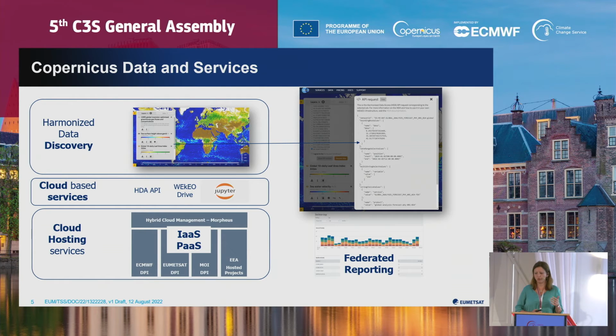They do not need to learn about many different APIs and systems. We also have on top, just to mention, federated reporting. So all the Copernicus services get feedback, through API or through GUI, on how their data is being used on WEkEO.